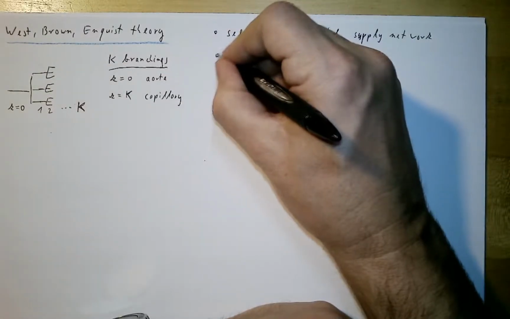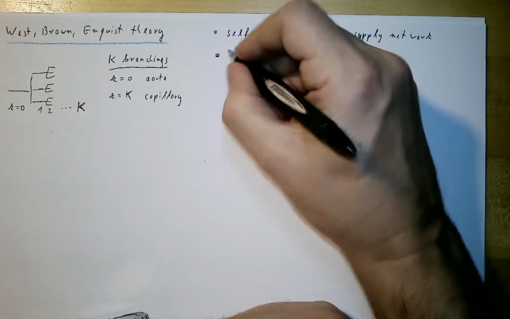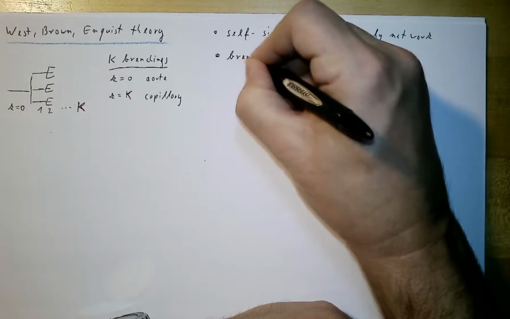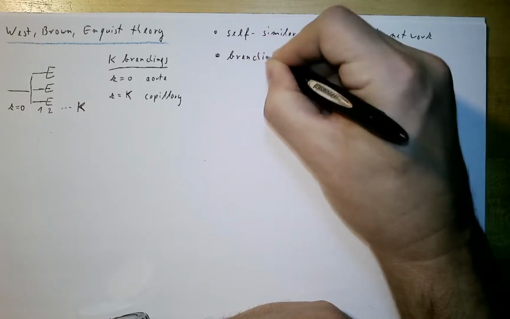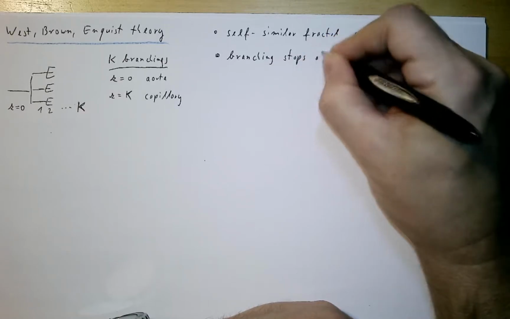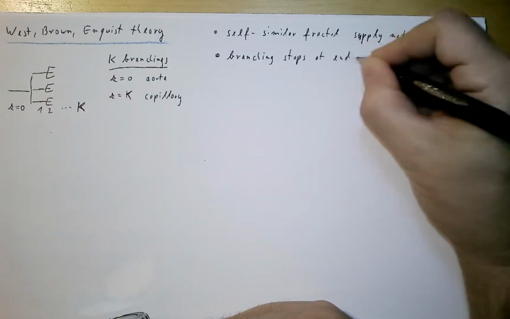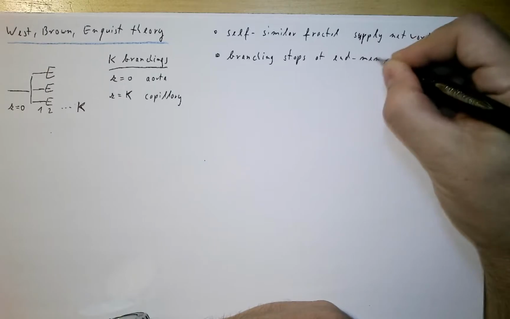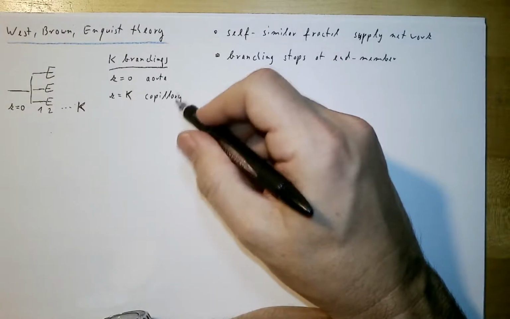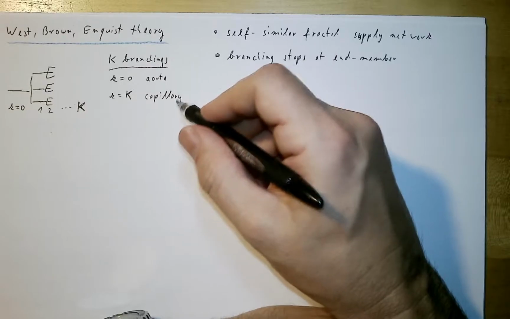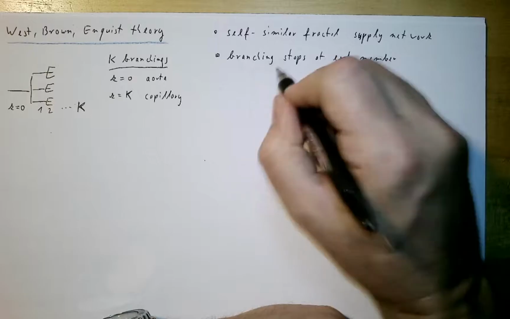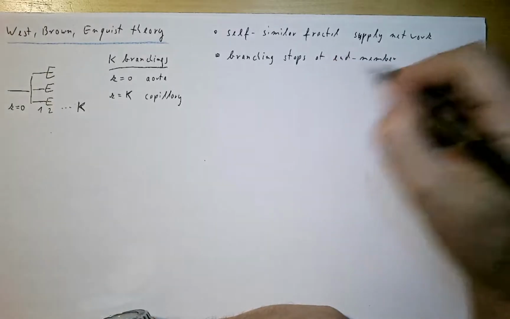But this branching stops at the end member, and that's the capillary, so that's the cell size, and we cannot simply by physiology branch any further. So the fractal goes always until this end member.